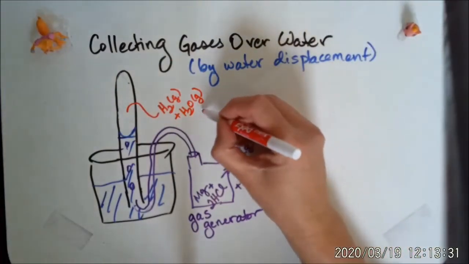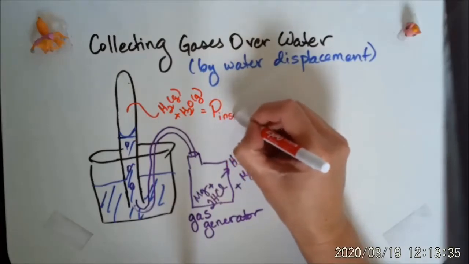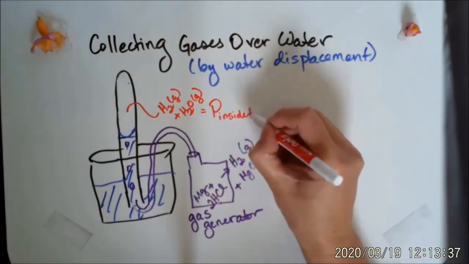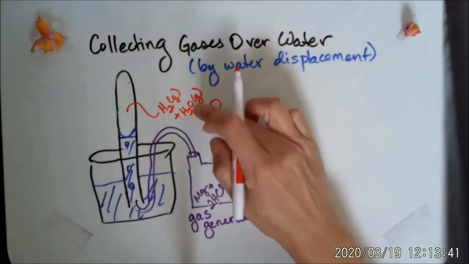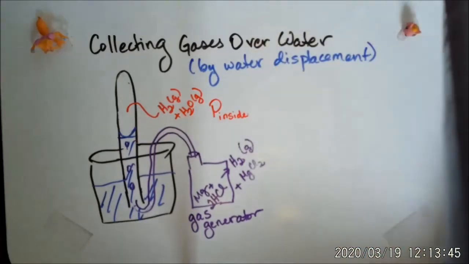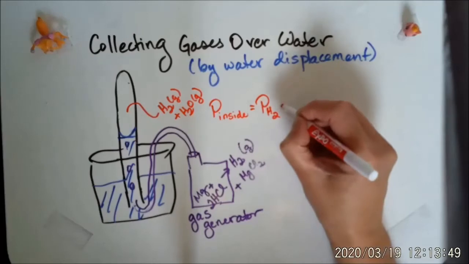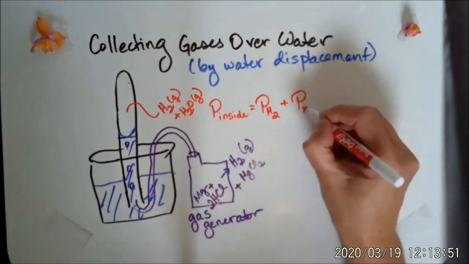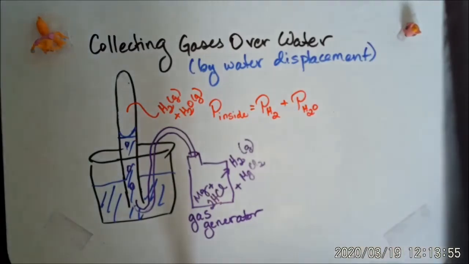So let's say pressure inside the tube. Okay, so I'm just going to say pressure inside. Now that's going to be equal to the partial pressure of hydrogen and the partial pressure of water. All right? What else do we know?